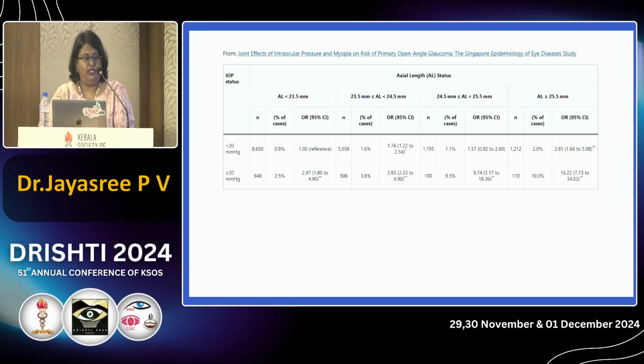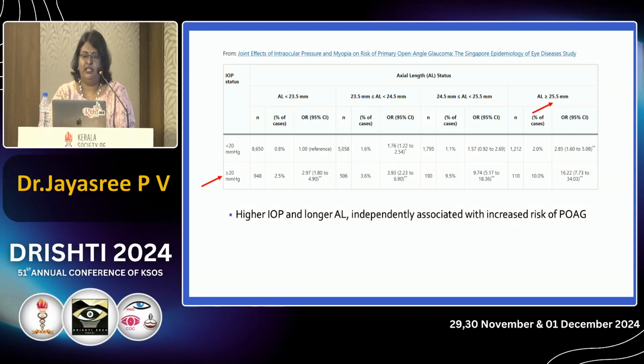And what about the IOP status? If the IOP is more than 20 millimeter of mercury, and if the axial length is 25.5, that itself is a risk factor for glaucoma. And when they act together, they are not simply additive, they are synergistic. So together they can increase your risk for glaucoma by 16 times.